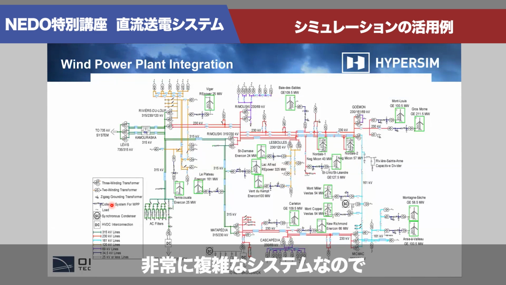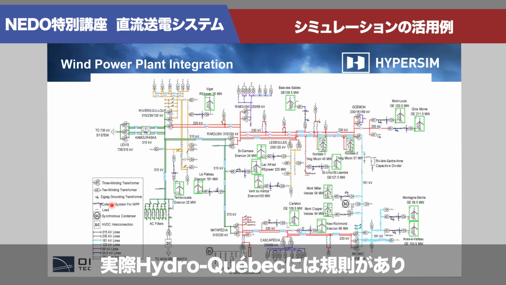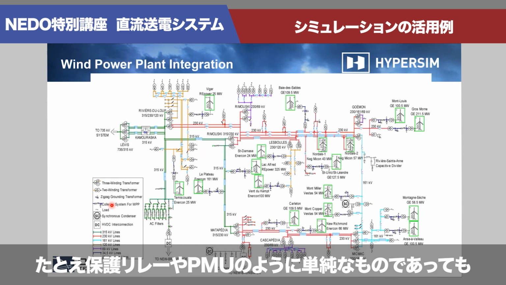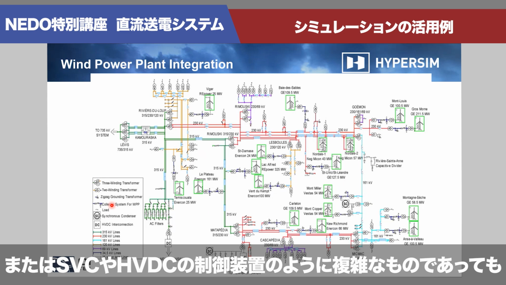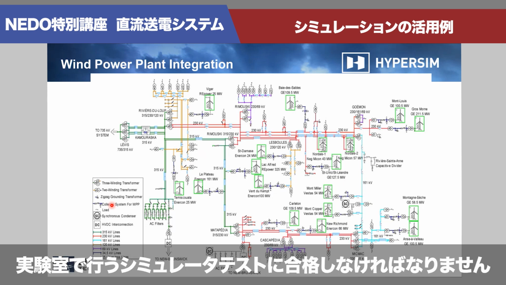And even in this complex system, Hydro-Quebec relies heavily on simulation results. Actually, there's a rule in Hydro-Quebec. Every device, whatever it is, as simple as a protection relay or a PMU, or up to a complex SVC controller or HVDC controller, must pass the simulation tests in the laboratory before being implemented on the grid.